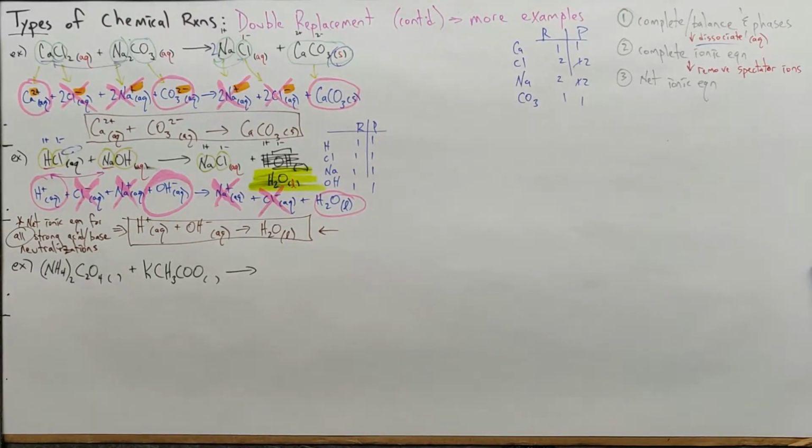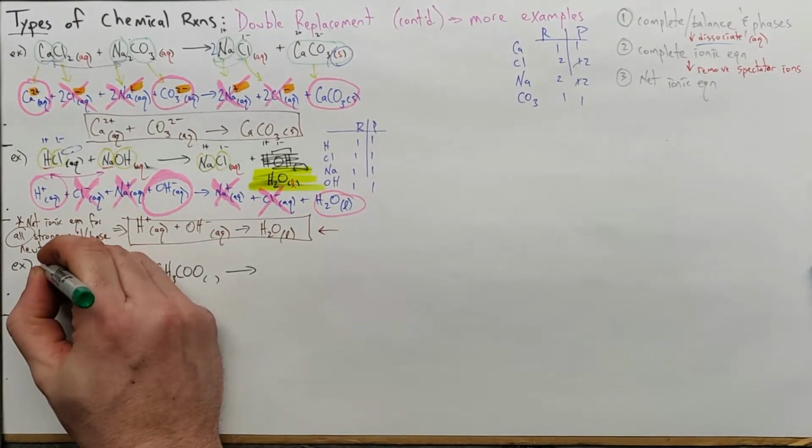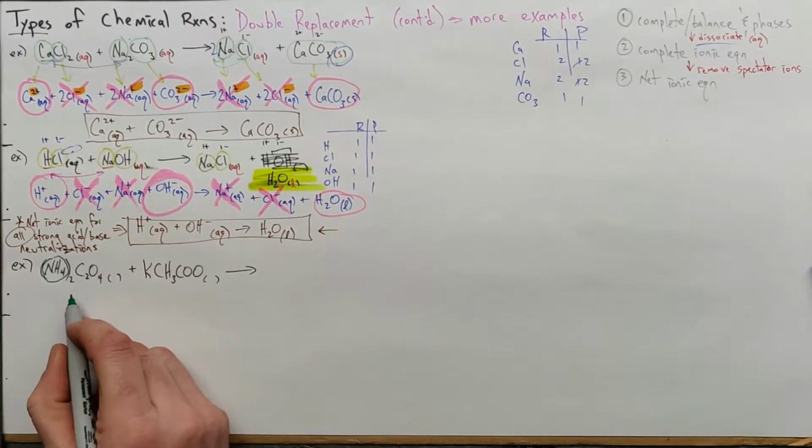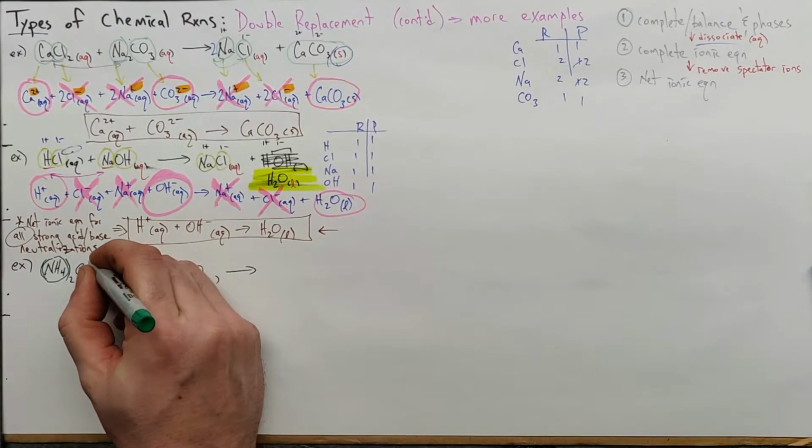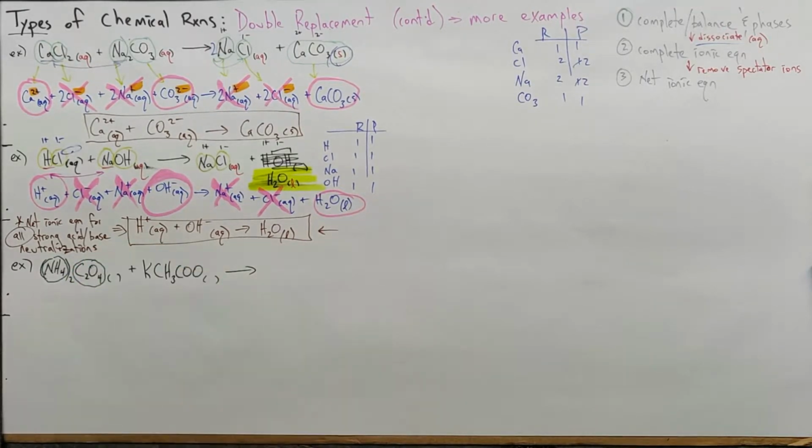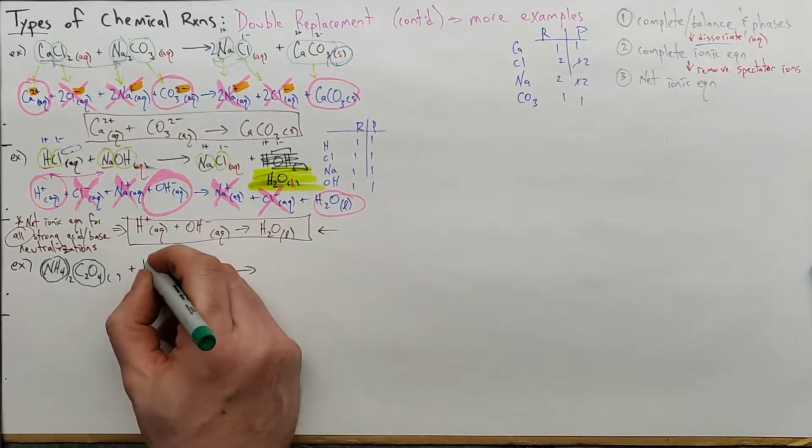But the key is recognizing your pieces, and a skill you cannot escape is being able to spot your polyatomic ions, all right? That's what's going to get you out of a disaster, being able to recognize them when they appear. So if you look here, you can say to yourself, okay, NH4, that is a polyatomic ion, and I have two of them. C2O4 is the oxalate polyatomic ion, and I have one of them.